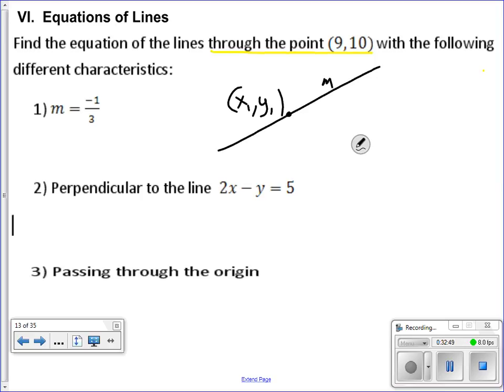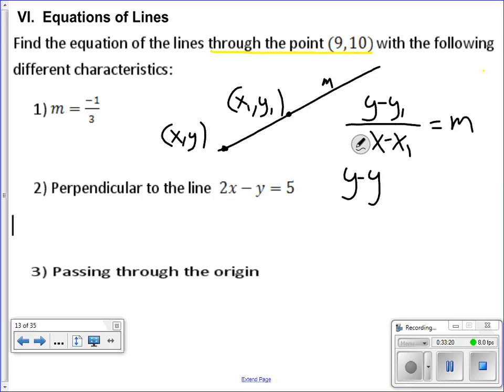For any other point (x, y) to be on that line, the difference of the y's, y minus y1, over the difference of the x's, x minus x1, has to equal m. Otherwise it won't be on the line. And if I cross multiply, we get the point-slope form of an equation of a line.